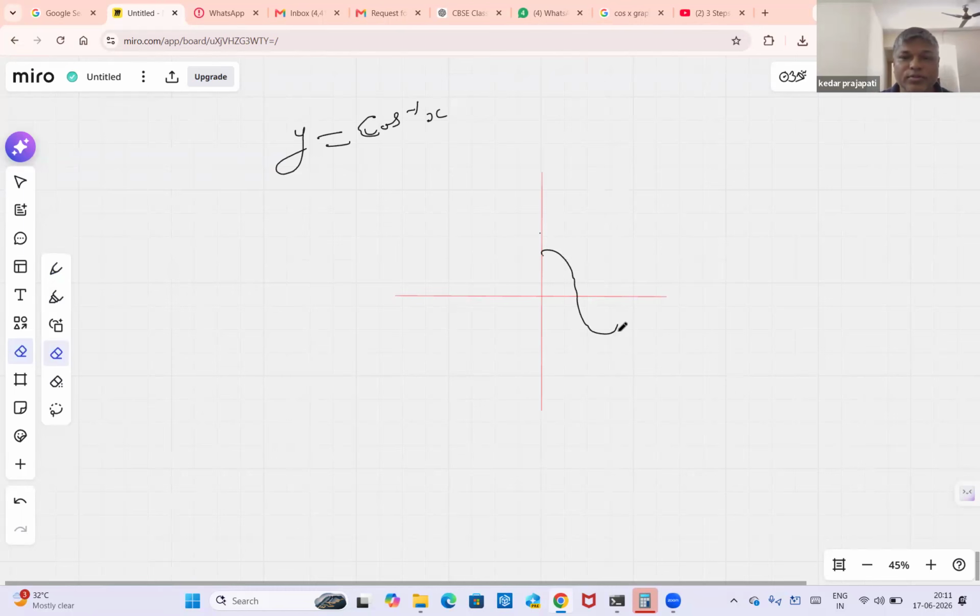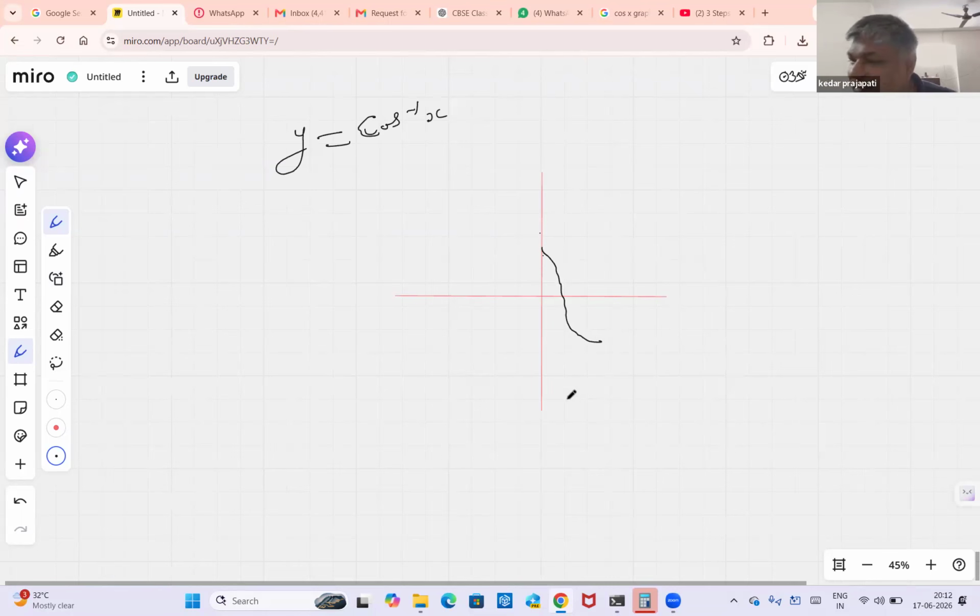Not this also. So basically what I'm saying is my graph would be something like this. Clear. So now you draw any line parallel to x-axis. That line will cut the graph only at one place.